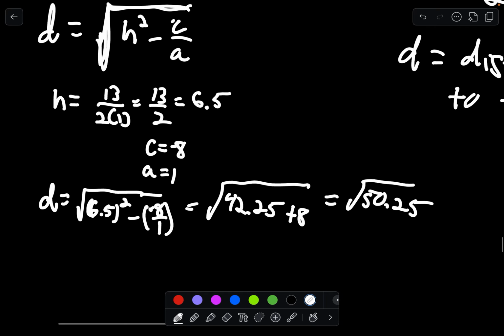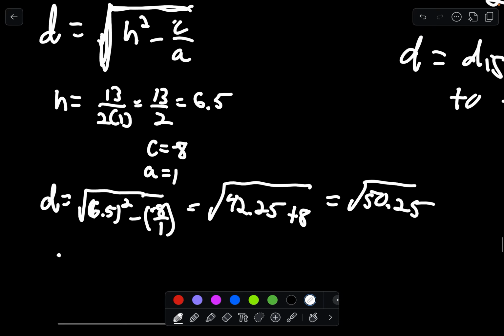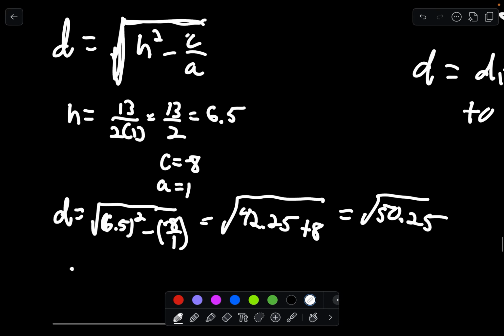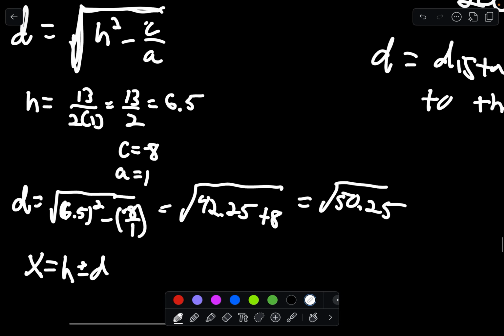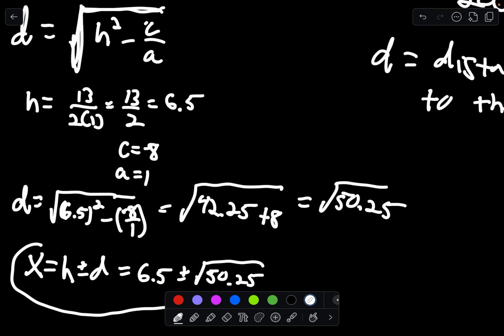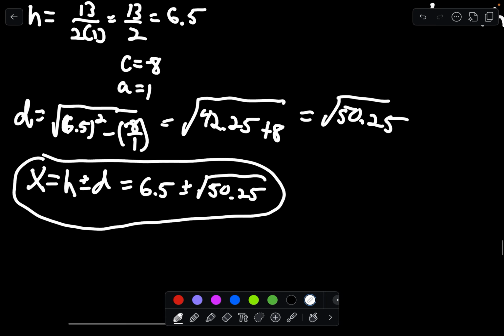So x, which equals h plus or minus d, would be equal to 6.5 plus or minus the square root of 50.25. And that's the exact answer, including the decimals, or including the square root. The decimal is just part of it.